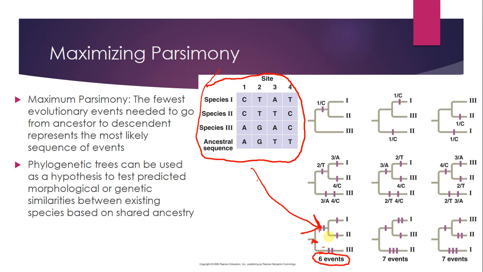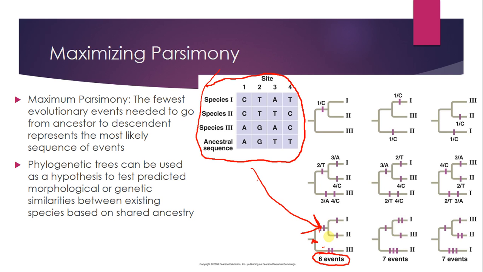Phylogenetic trees can also be used as hypotheses to test predicted morphological or genetic similarities between existing species based on shared ancestry. So we can create a cladogram or a phylogenetic tree and use its predictive power to go back and look at actual species that exist now, where our cladogram predicts there may be structural similarities between them, and then go look for those evolutionary or structural similarities.